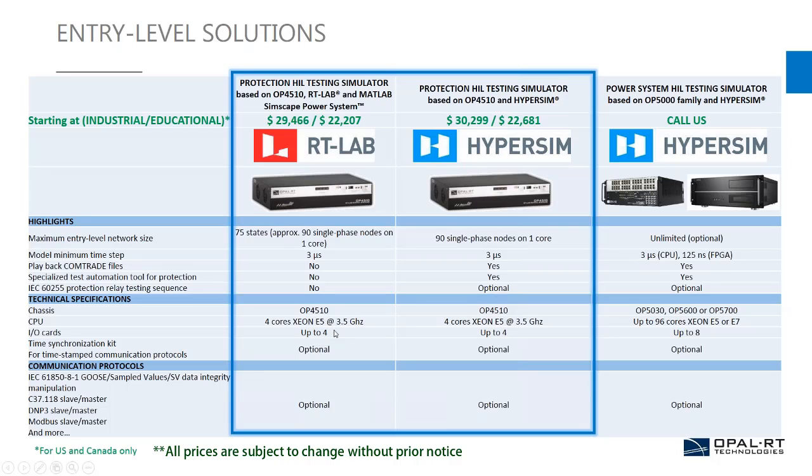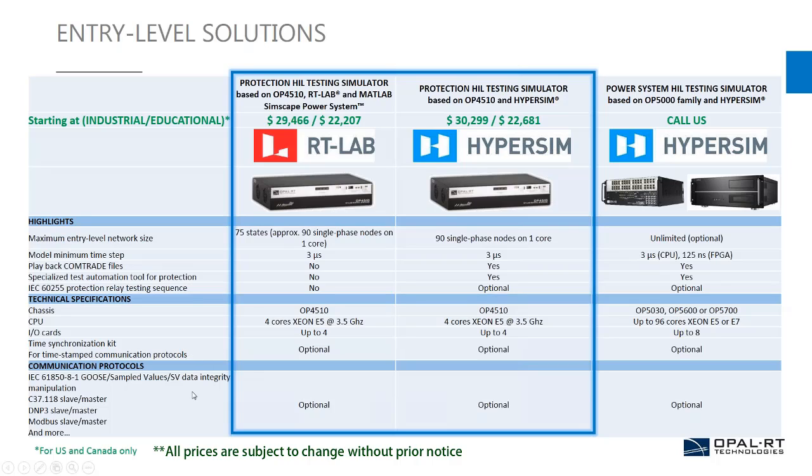This is flexible, but typically you would have 16 analog outputs, 16 analog inputs, 32 digital outputs, and 32 digital inputs. Optionally, you can add a time synchronization kit to connect to a GPS clock, for instance. This is specifically useful if you have a communication protocol that needs to be time-stamped.